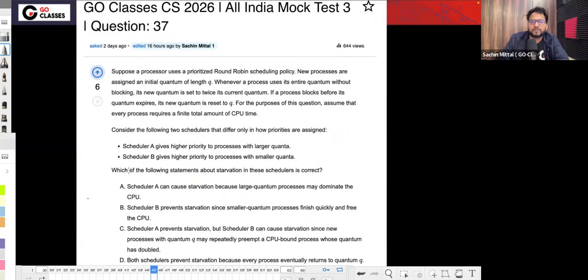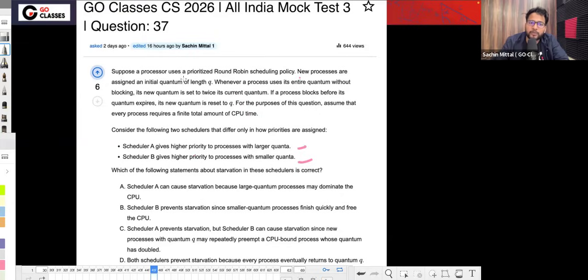Okay. So this question was saying that you are having prioritized round robin scheduling. Not just a vanilla round robin. It is prioritized round robin scheduling. Here you have two schedulers. One of the schedulers gives the higher priority to the larger quanta. One of the schedulers gives the higher priority to the smaller quanta, and quanta is also changing.